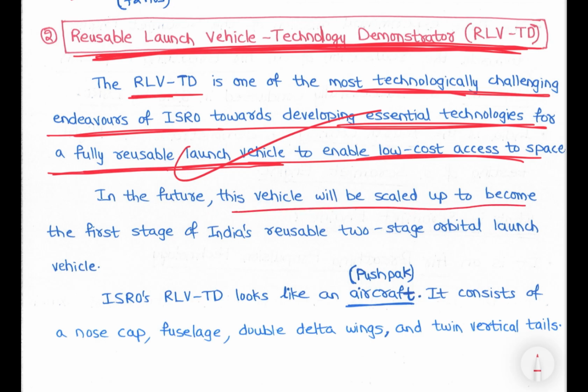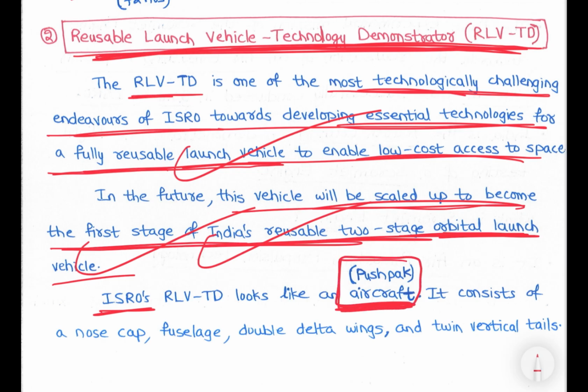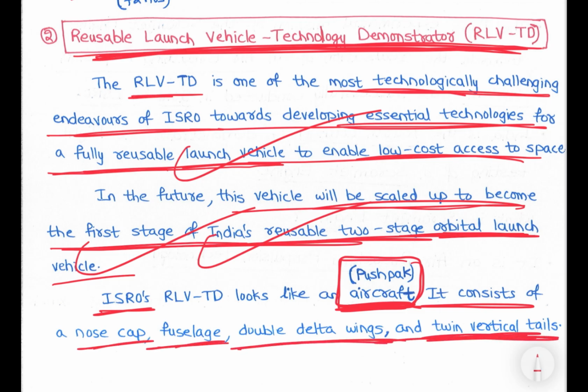In future this vehicle will be scaled up to become the first stage of India's reusable 2-stage orbital launch vehicle, right. We have discussed the ISRO's reusable launch vehicle looks like an aircraft, Pushpak we have seen in the image, right. It consists of a nose cap, fuselage, double delta wings, twin vertical tails etc, right. Basically जो features हैं, right, जो Pushpak मेंशन किया image में उसका features, right.